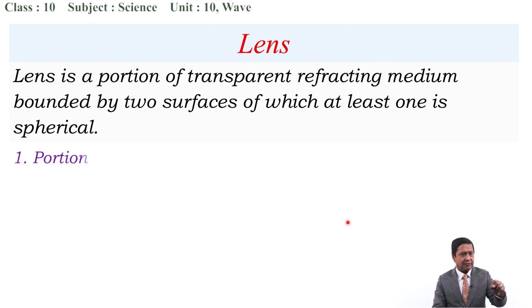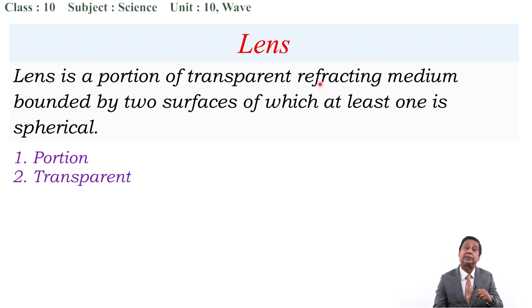Look at this. First point, you have to remember that lens is a portion only, a piece only. It is not a big disc. It is a small portion, and it is transparent. Transparent means light passes through it easily.